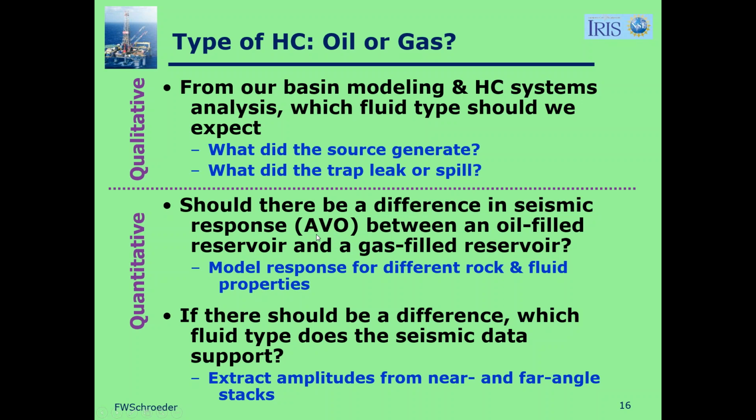If we're in a basin where AVO is effective, we can differentiate where we would think we would have oil trapped, where we would have gas trapped, and where we would have no hydrocarbons trapped. And if we think the geophysics works out such that hydrocarbons do give us a measurable change, then we can extract seismic amplitudes from a near stack and a far stack and try to quantify the likelihood that a trap would hold oil versus gas versus brine.